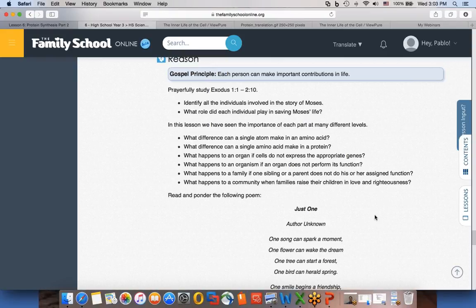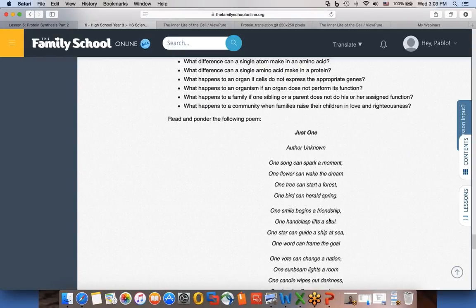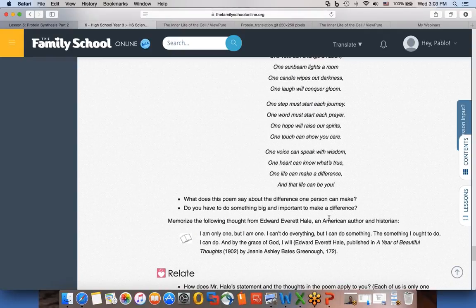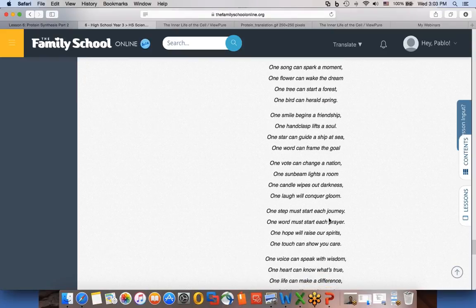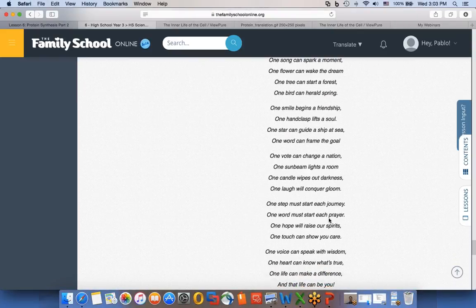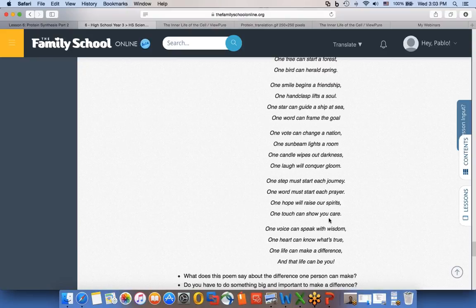Okay. Go ahead. And there's this poem here. I'm not going to read it because it's pretty long. I'm just going to tell you that it's pretty much saying one thing does everything for a different reason. And it's pretty much just summing it up. Everything has a purpose.